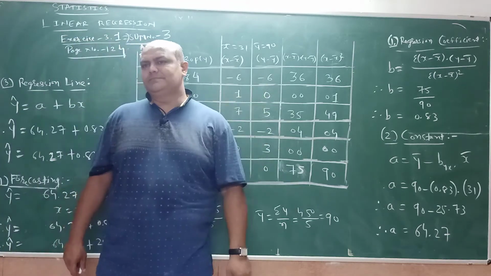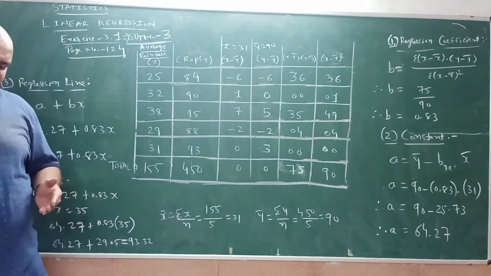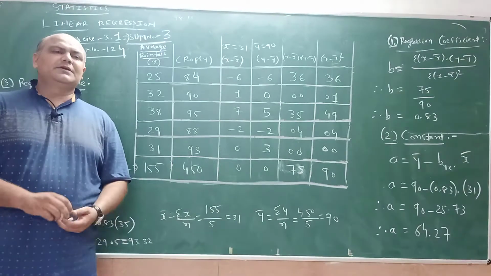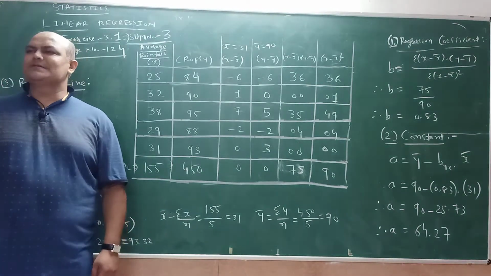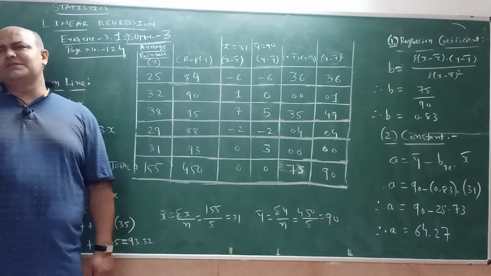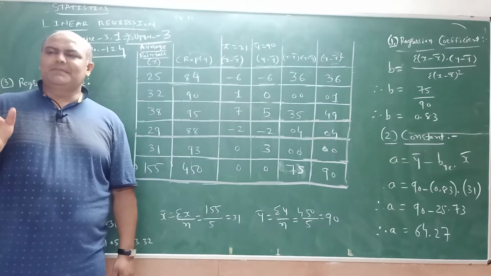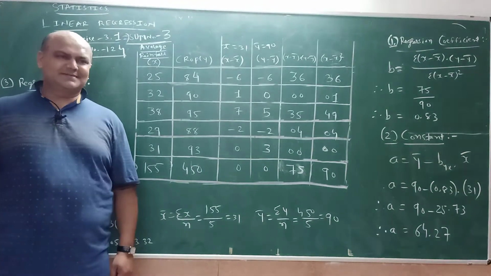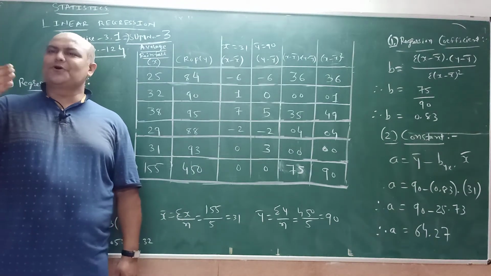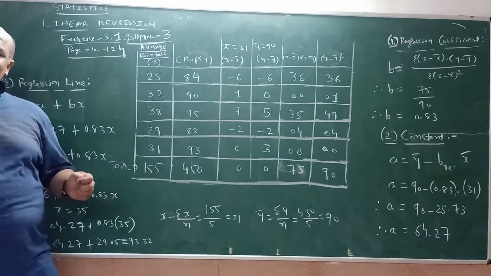Multiplication of both columns, x minus x bar into y minus y bar. See, when I check the papers, even 12th standard students make simple or silly mistakes. It is the simple basic rule which we studied in standard 5th basic maths. Minus into minus gives plus. Plus into plus gives plus. Not each and every student made the mistake, so don't take it personally.